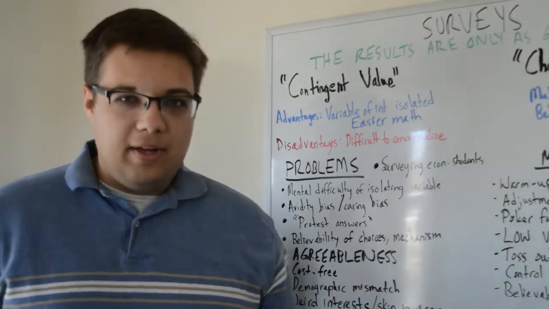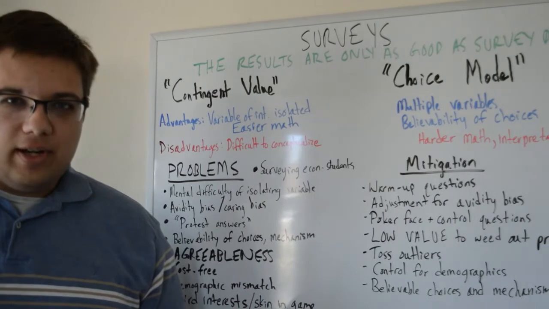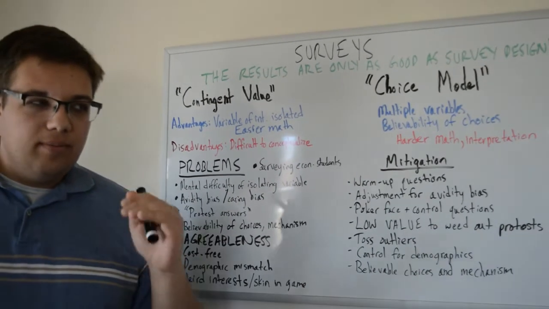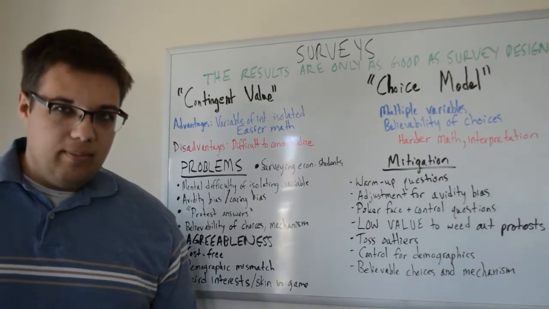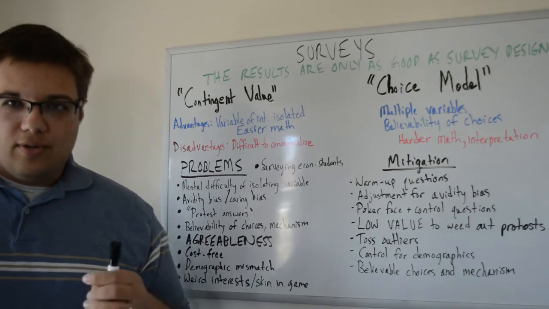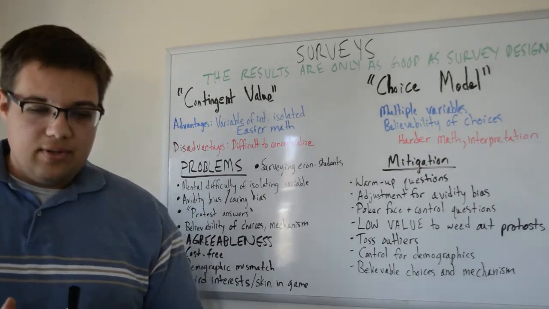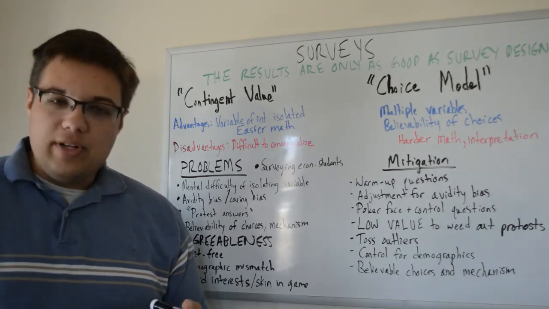A choice model is where the surveyor gives the subject a choice between multiple different choices with a monetary value on them that have different levels of different attributes. So both examples now. Let's say in LA, someone says, okay, you got three choices.